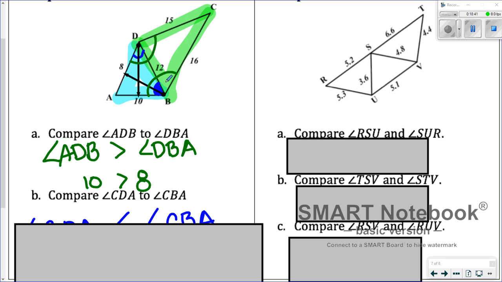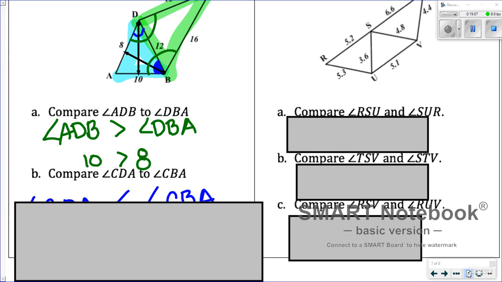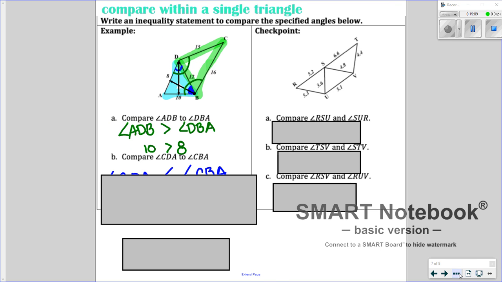So they want you to compare that. When you look at those two angles, you have to look at the opposite side. So notice that you have these two, and then for this one you have these two. Let me see if I can make this bigger.